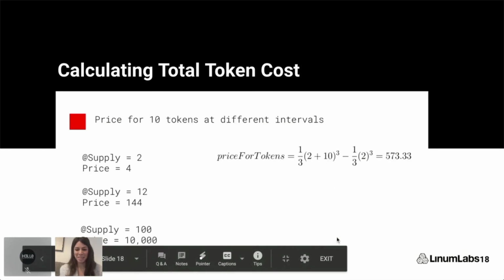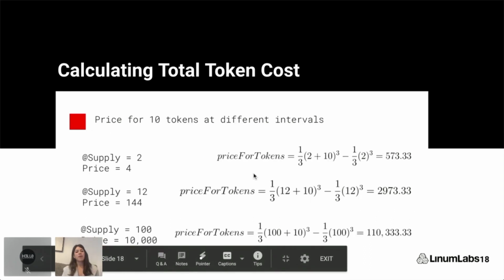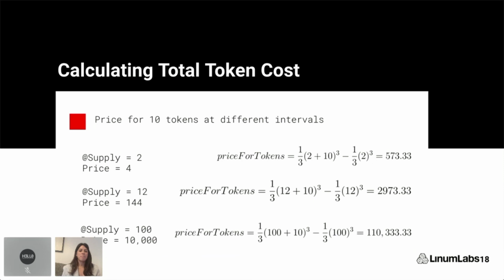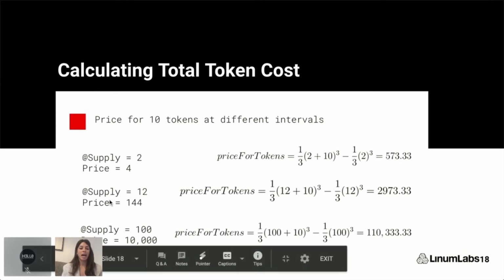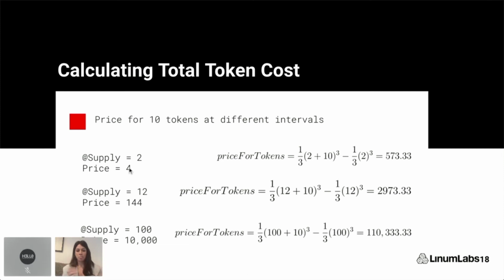Yep, very large slippage. So you can find the price for tokens at different intervals. At supply equals 2, the price equals 4, and the price for 10 tokens is 573. However, let's say the next person comes in and wants to buy after this first person bought.